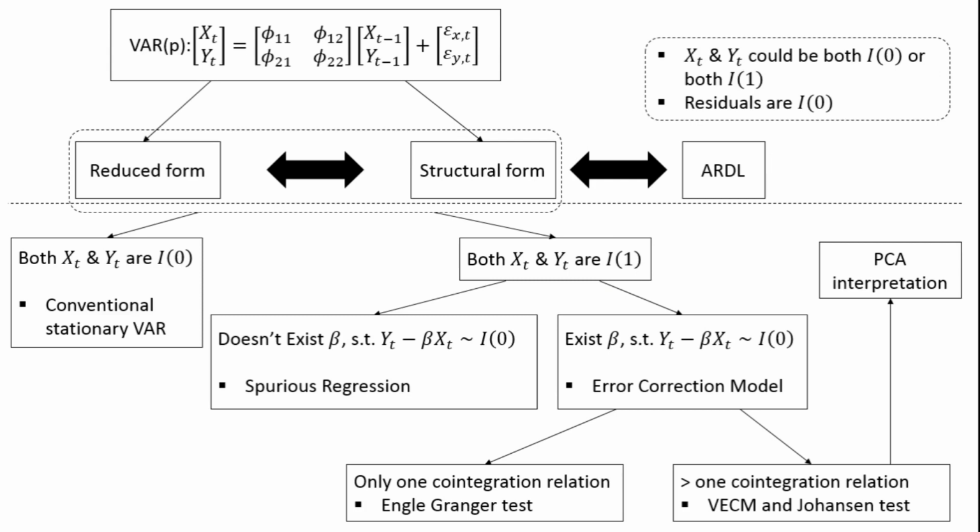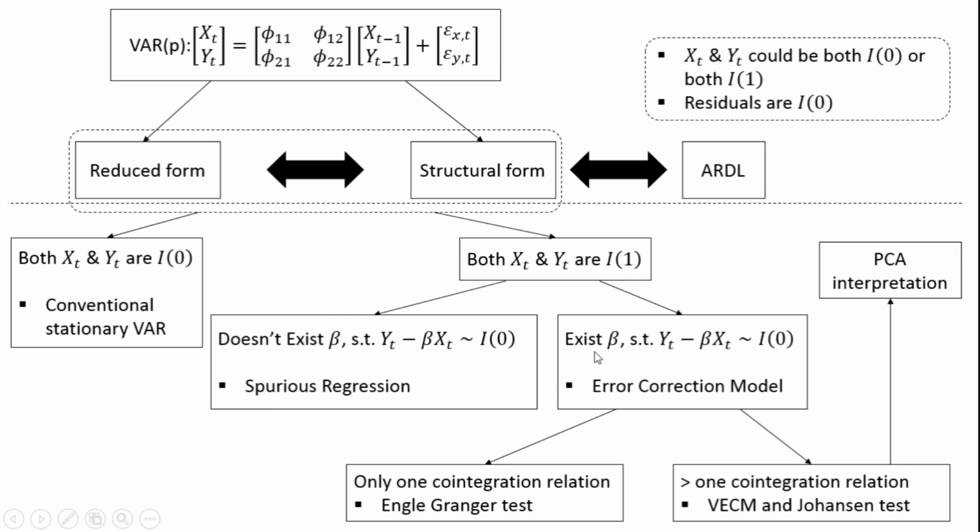When there exists a coefficient beta so that YT minus beta XT is stationary, we have a problem of spurious regression.